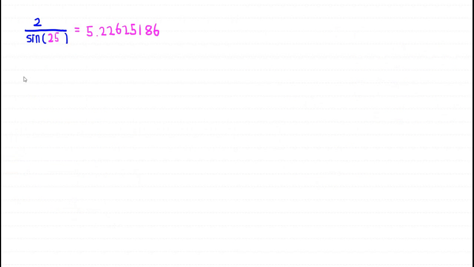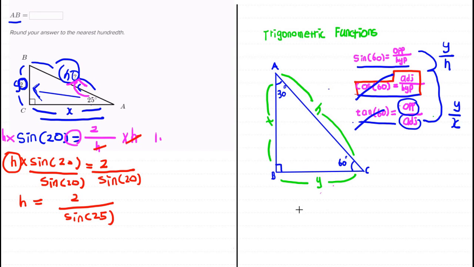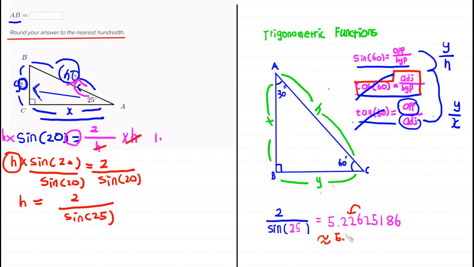I already calculated the value of 2 over sine of 25, which is 5.2262586, but in the question, if you read it carefully, it says round your answer to the nearest hundredths place. So we can round it to the hundredths place, which gives us approximately 5.23. So the answer h value is approximately 5.23.